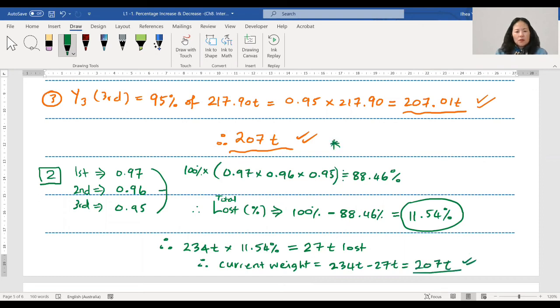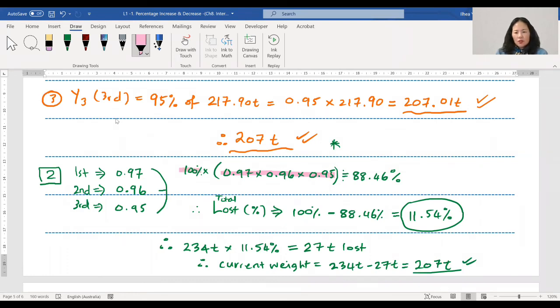So this second way of doing it is a bit more unusual for you because you haven't done it. So you might think, oh my goodness, what is that? But it's not that difficult if you think about it. So I'm just going to show you. So what we've done is I changed all the percentages for first, second, and third year into decimal and then times by 100.